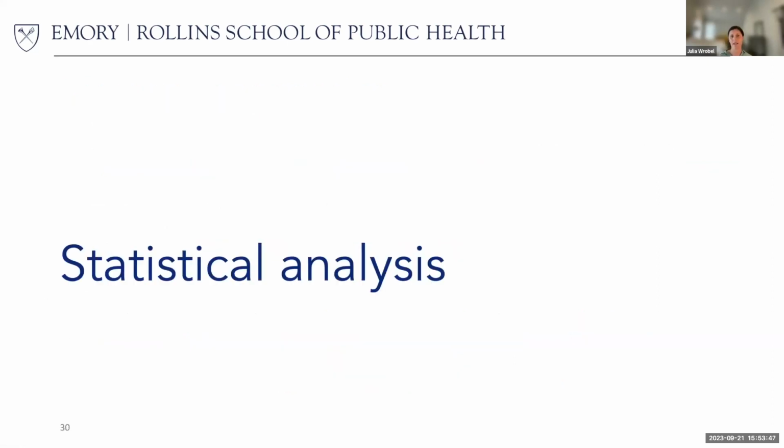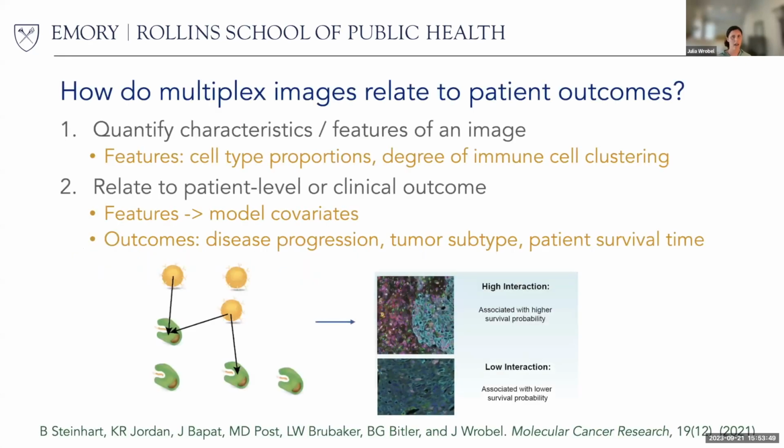So finally, we get into statistical analysis. And so at a high level, we want to know how these multiplex images relate to patient level outcomes. So the first step of that is to quantify characteristics or features of the image. Features can be like cell type proportions or degree of cell clustering in the image.